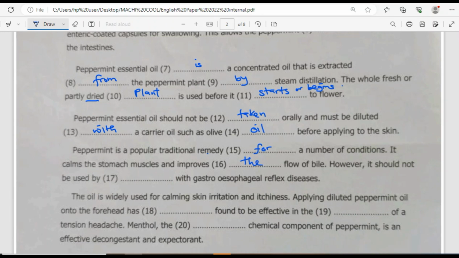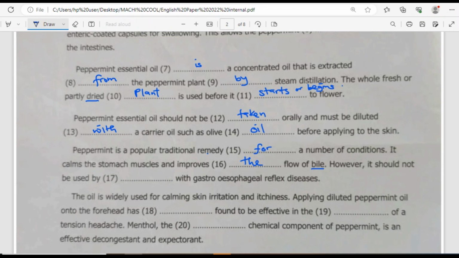So the flow of what? Bile. So these flow are known, that's why we've used it there. However, it should not be used by people with esophageal reflux diseases.